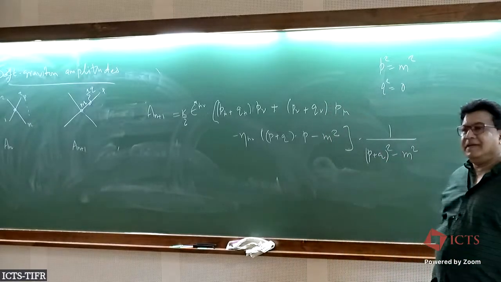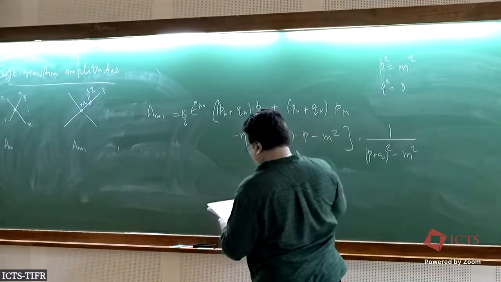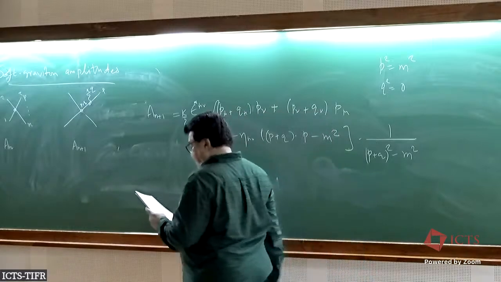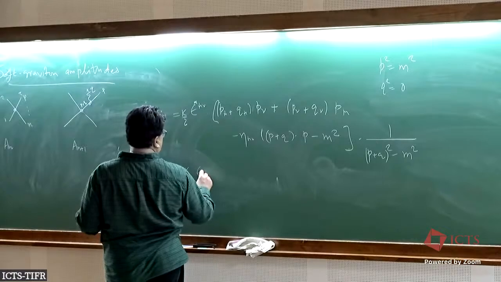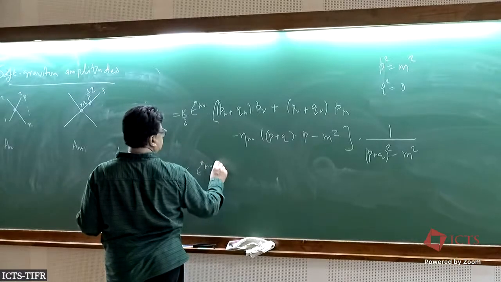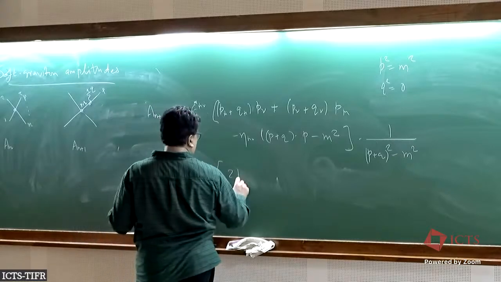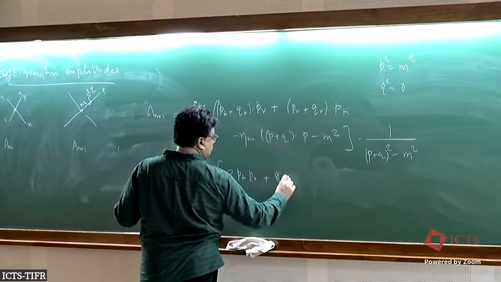Okay. So then in this relation, if you collect the numerator, this becomes kappa by 2 epsilon mu nu, 2 p mu p nu plus q mu.